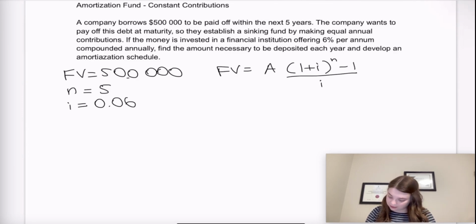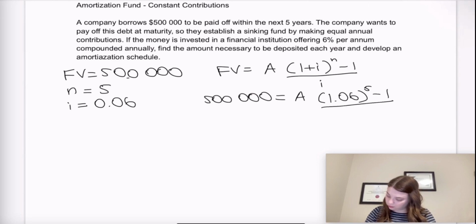So that means that 500,000 is equal to A times 1.06 to the power of 5 minus 1, all over 0.06.